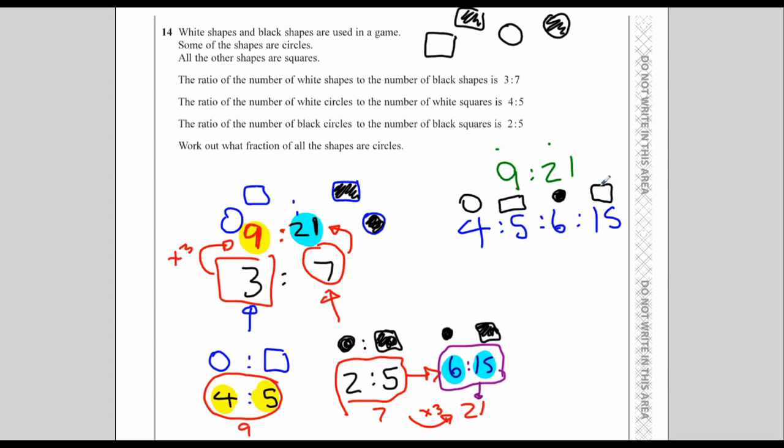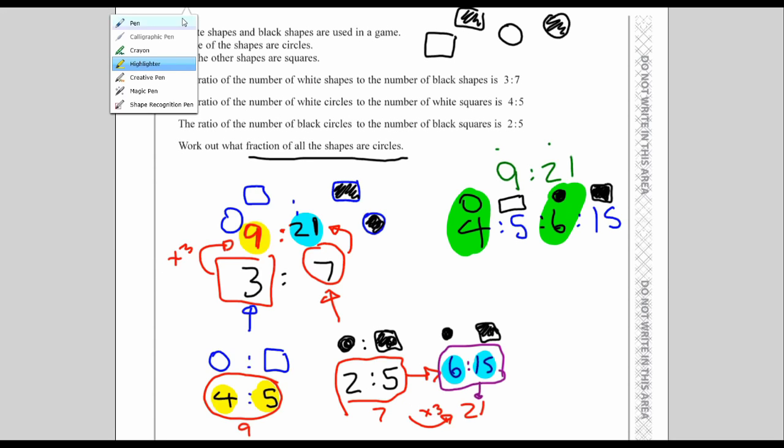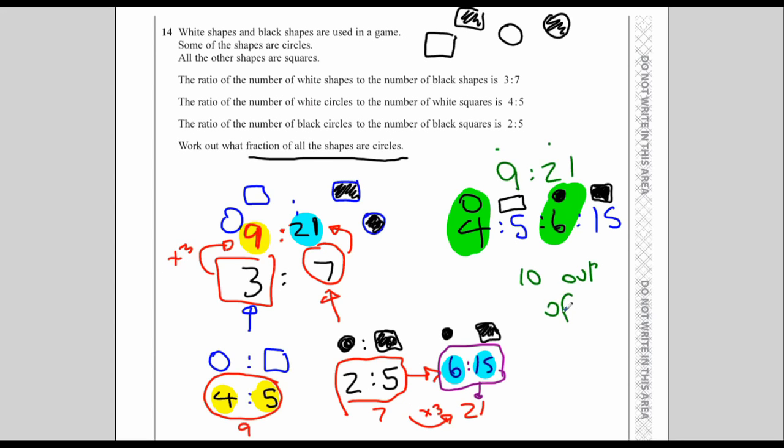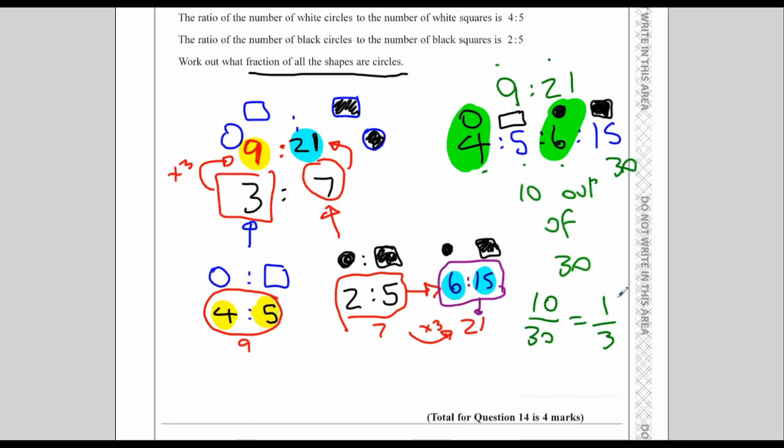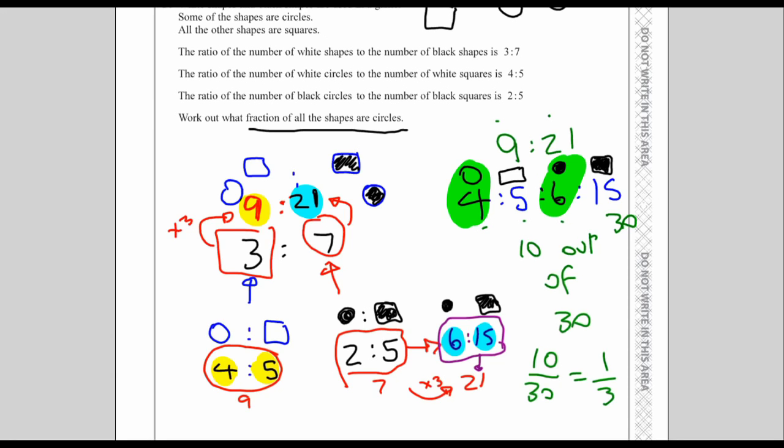So this is all our information all together. The question: work out the fraction of all shapes that are circles. Well, the ones that are circles are the 4 and the 6. So that's 10 out of how many? Well, 9, 15, 30. 10 out of 30, written as a fraction, is the same as 1/3. That's for 4 marks, because there's quite a lot of thinking to do there.